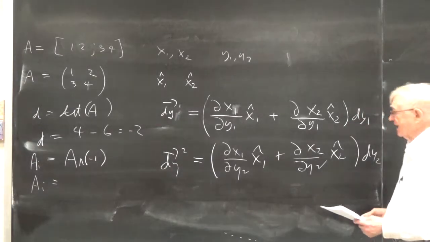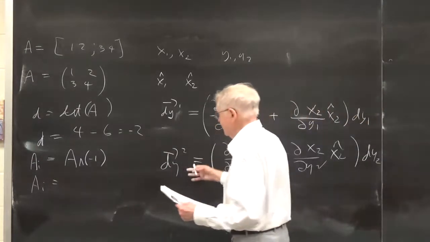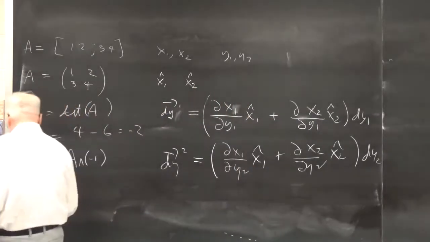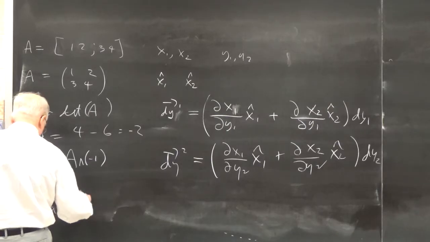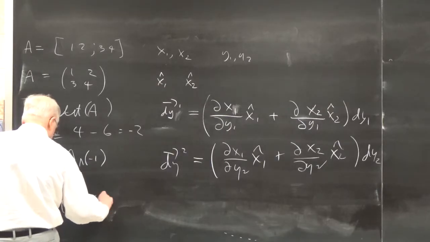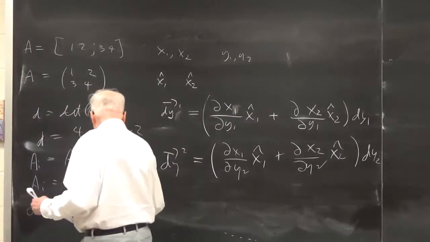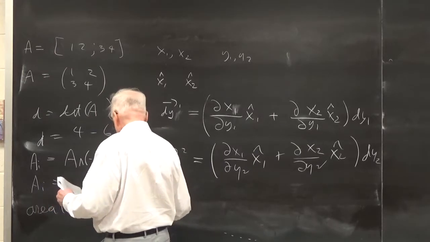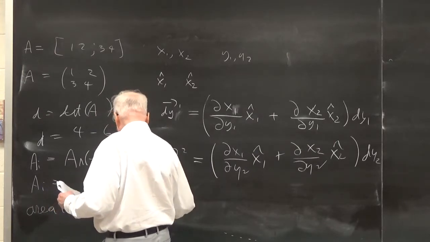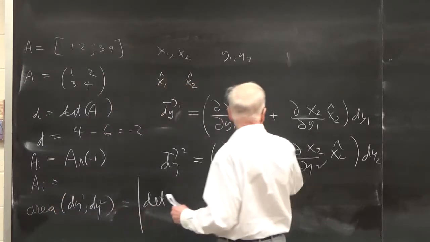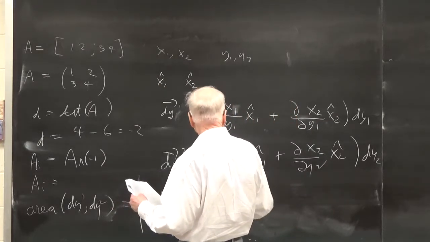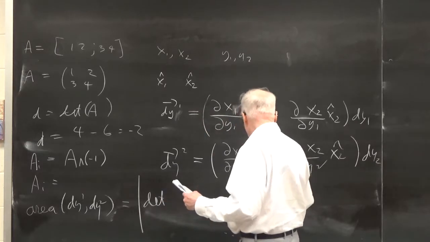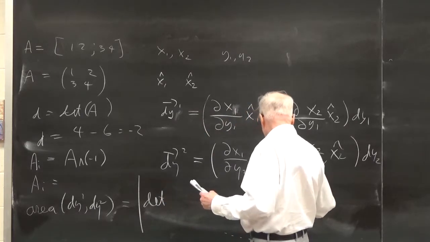And the area of this would be the determinant. So the area of dy1, dy2 would be the absolute value of the determinant of these two vectors times dy1, dy2.